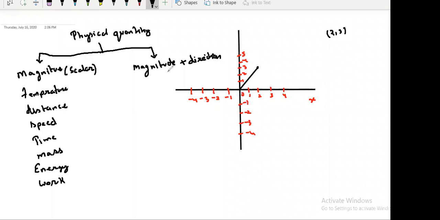But when a physical quantity has both magnitude and direction, it is called a vector quantity.